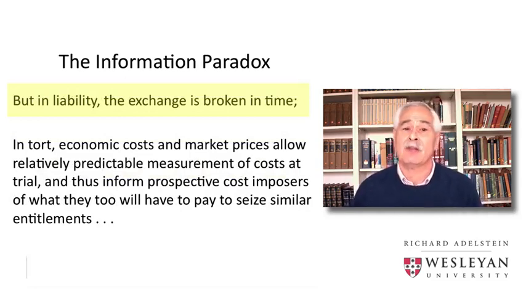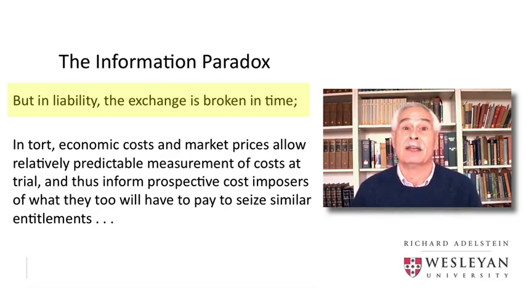But in the case of liability, as we've seen, the involuntary taking or seizure of the entitlements means that the exchange between the cost imposer and the cost bearer is broken in time. The cost imposer, by committing the tort or the crime, inflicts costs upon a large class, in the case of crime, on a large class of cost bearers. But that cost is not internalized through the infliction of a liability price until some time later.